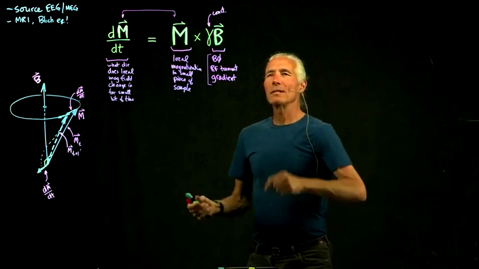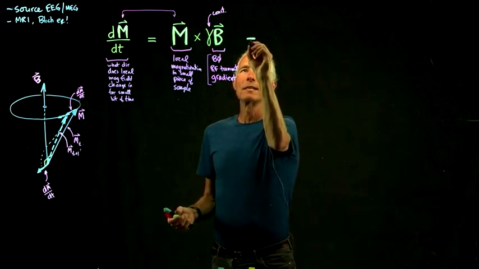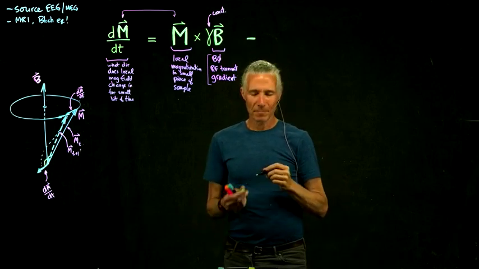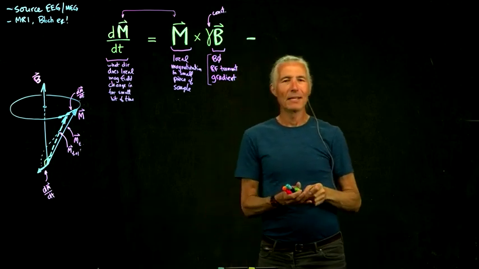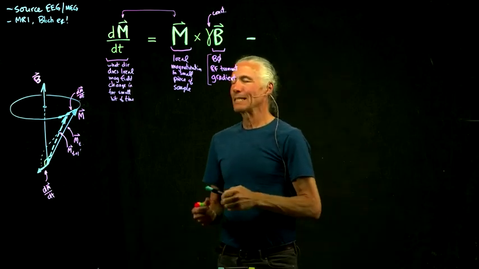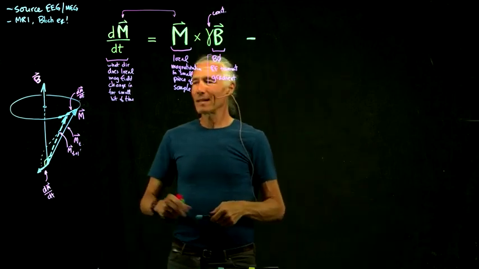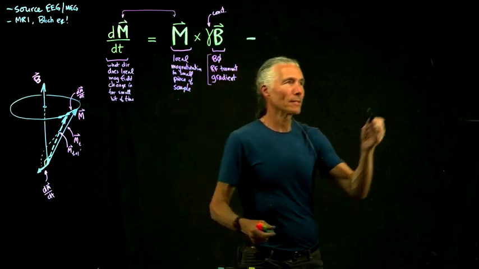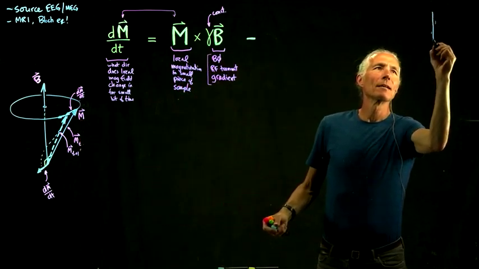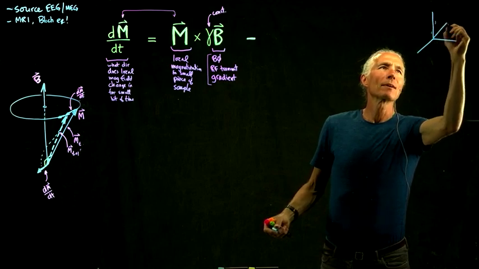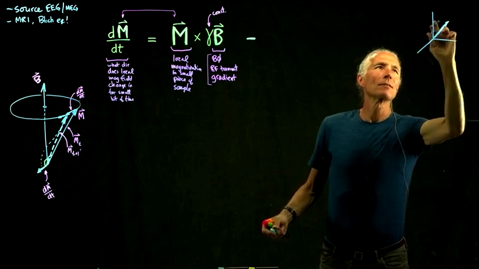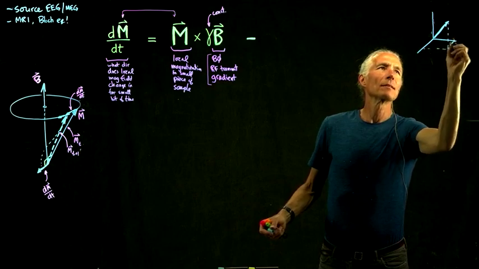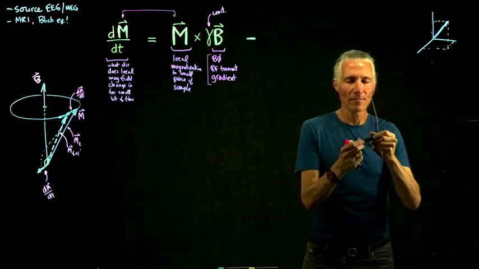And so the first friction we add is the T2 decay. And so now we have to break the M vector up into its components. So if you imagine you've got an M vector over here, we can break that M vector up into its three components.